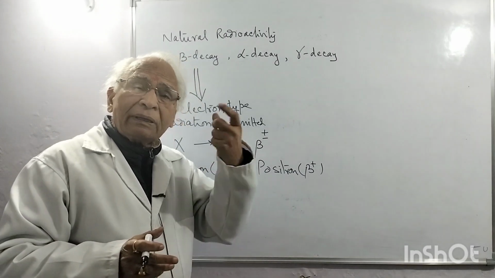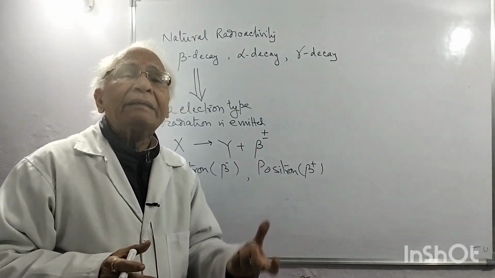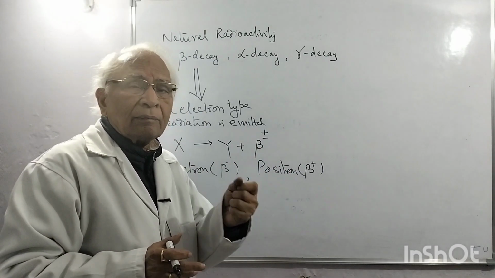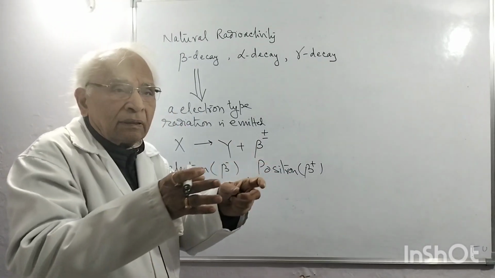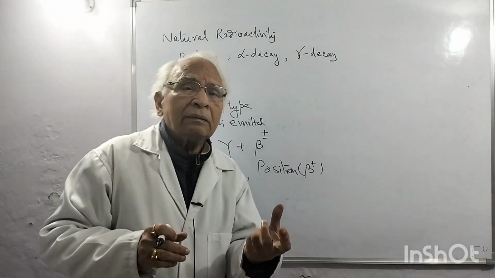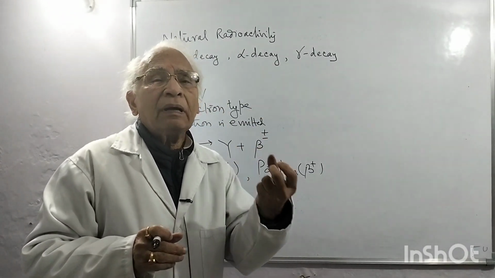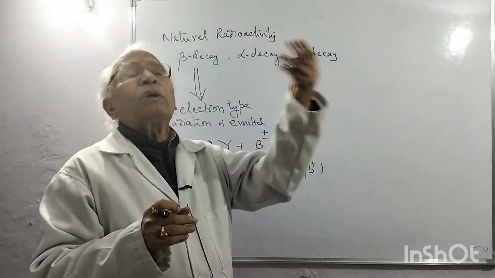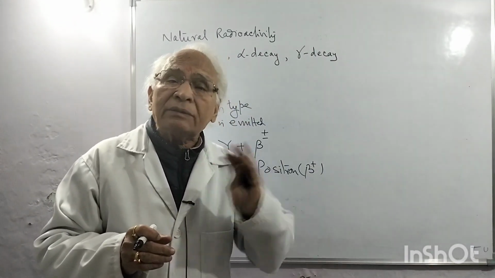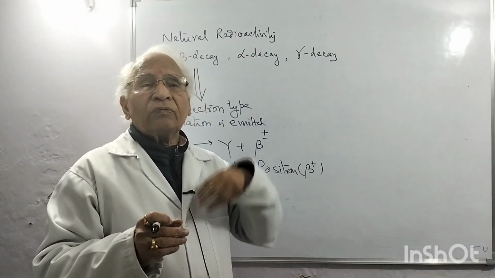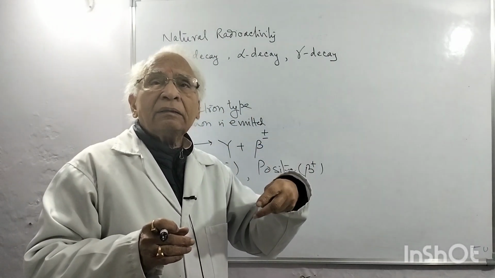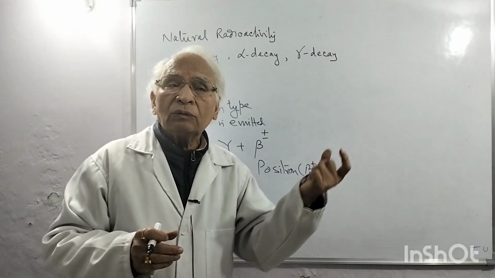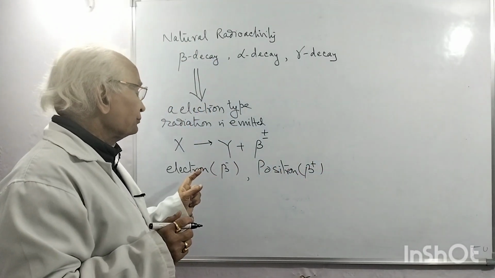Atomic electrons only come out when there is excitation, when some energy is pumped into the atom from an outside agency. When you pump energy, it becomes an excited state, and maybe the excitation is so high that the electron comes out, that is ionization, means emission of electron, and the remaining thing becomes positively charged. Electron goes out. So that is the atomic electron.